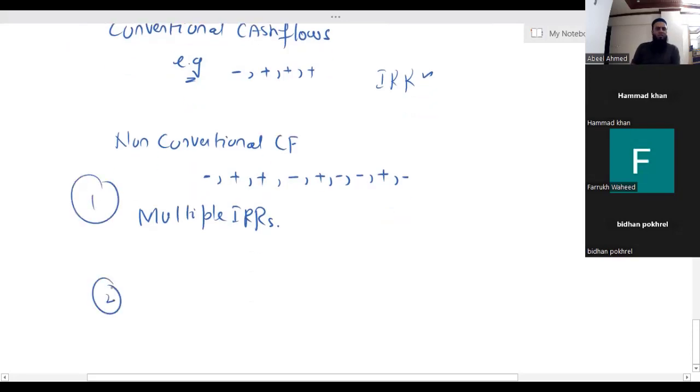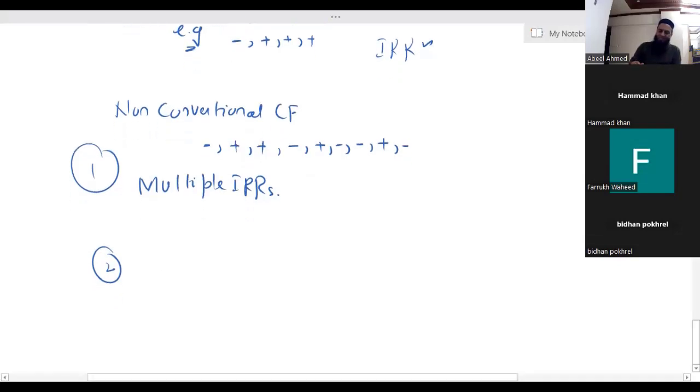The second limitation is extremely important. What is that? Actually, there's one concept called mutually exclusive projects. Can anyone tell me what is the meaning of mutually exclusive projects?